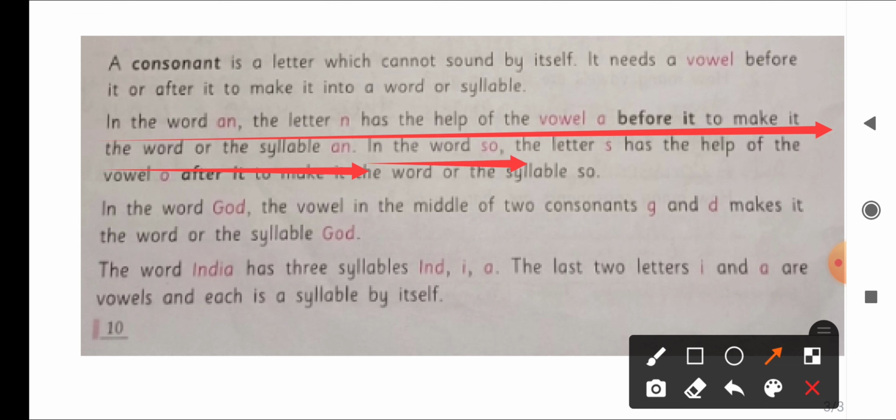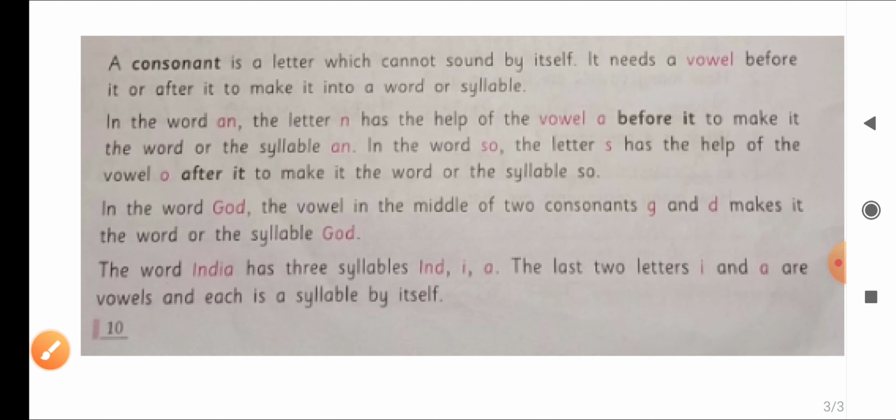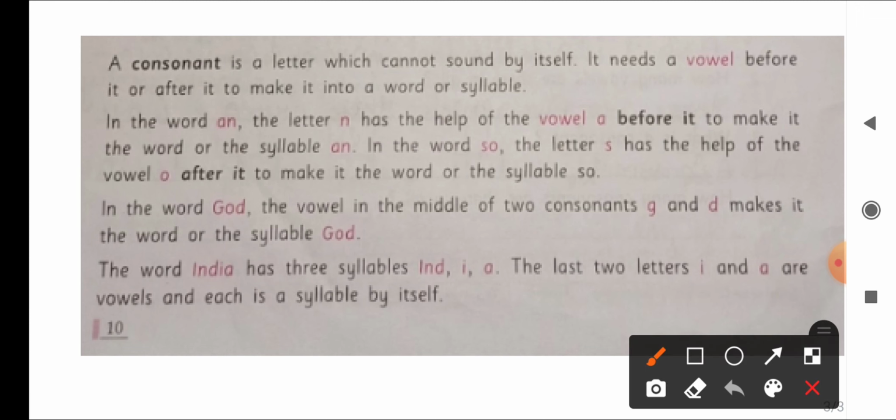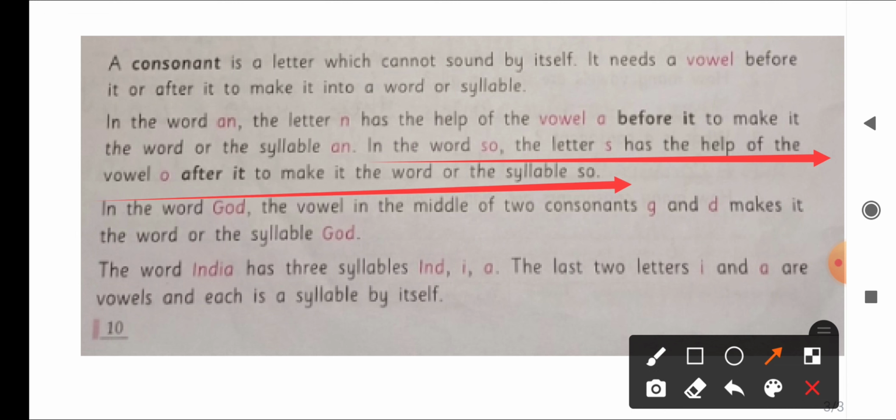In the word so, the letter S has the help of the vowel O after it to make it the word or the syllable so. Okay, as I gave you the example, it's the same with an and so.